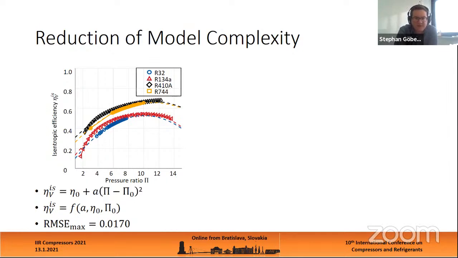So for example, for the isentropic efficiency, it's quite possible to use a square function, which can then describe the efficiency with 3 fluid-dependent variables. And in this case, the RMSE is also quite low.